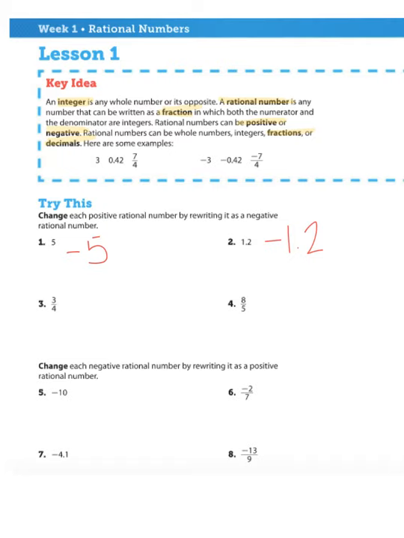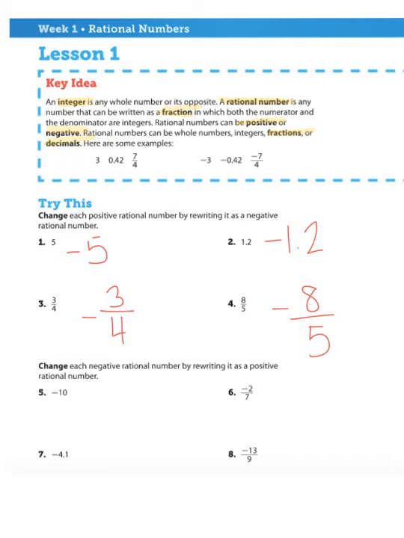If I have a positive 3/4, this is going to be a negative 3/4. If I have a positive 8/5, this is going to be a negative 8/5. So if there's no sign in front of the fraction or the decimal, that means it's a positive number.